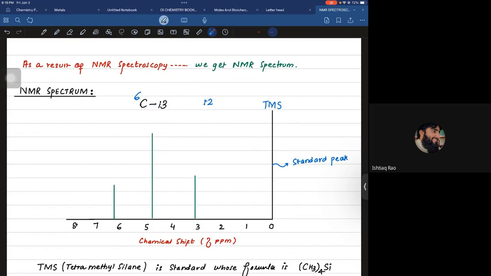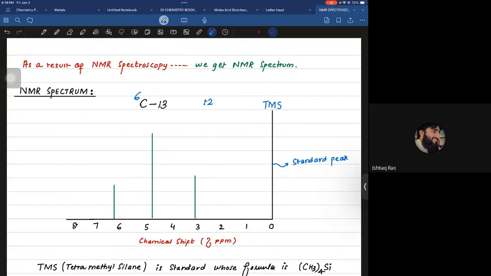Let's suppose you have carbon 12. Carbon 12 is NMR inactive. Carbon 13 is NMR active. Proton NMR, the proton is active because it has an odd number of protons. There are three isotopes of hydrogen.